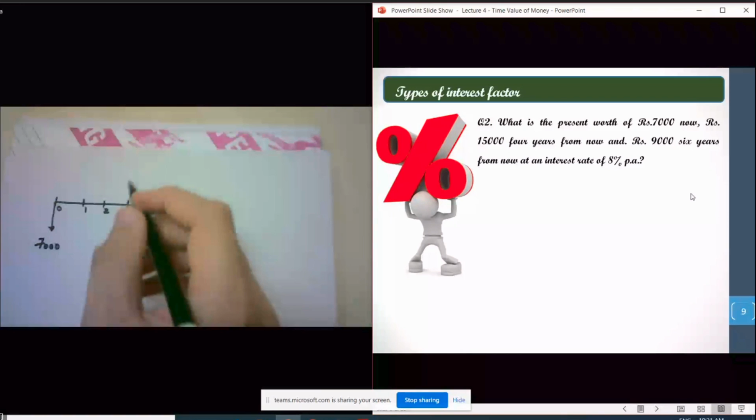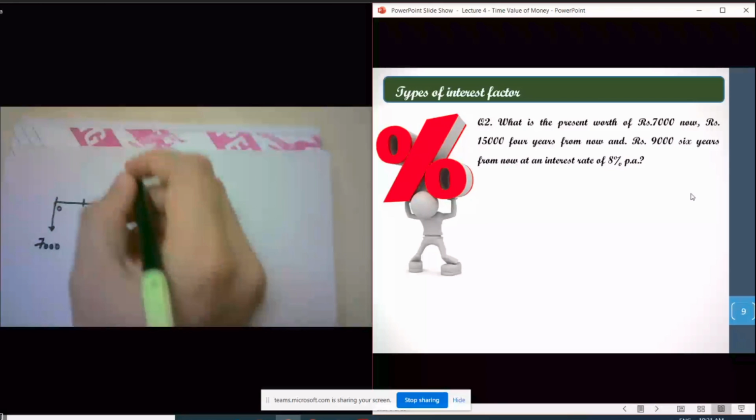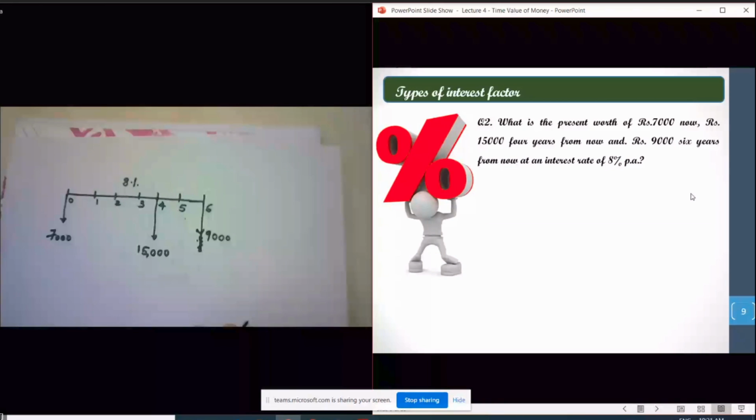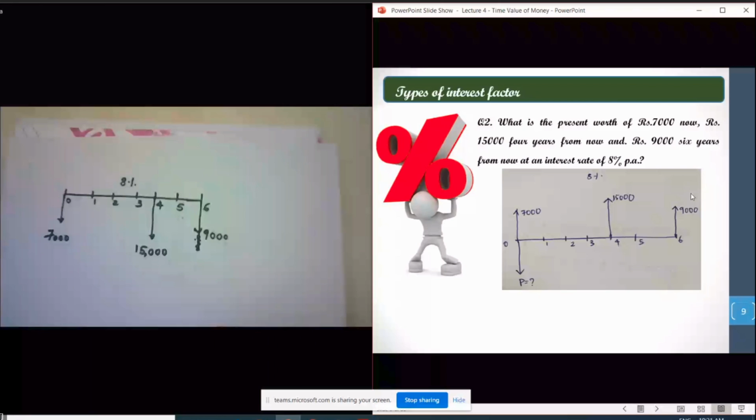Interest rate is 8%. So this is the cash flow diagram here. In the PPT they have represented it with an upward arrow.